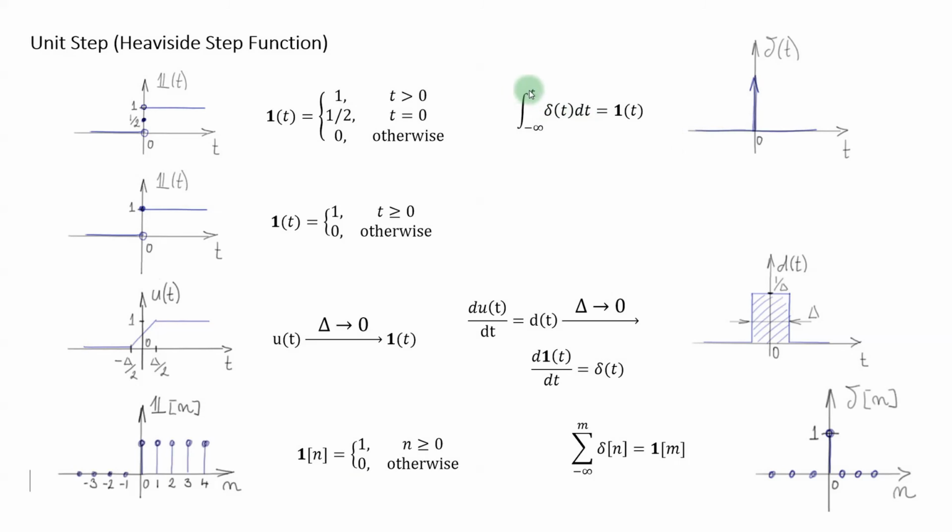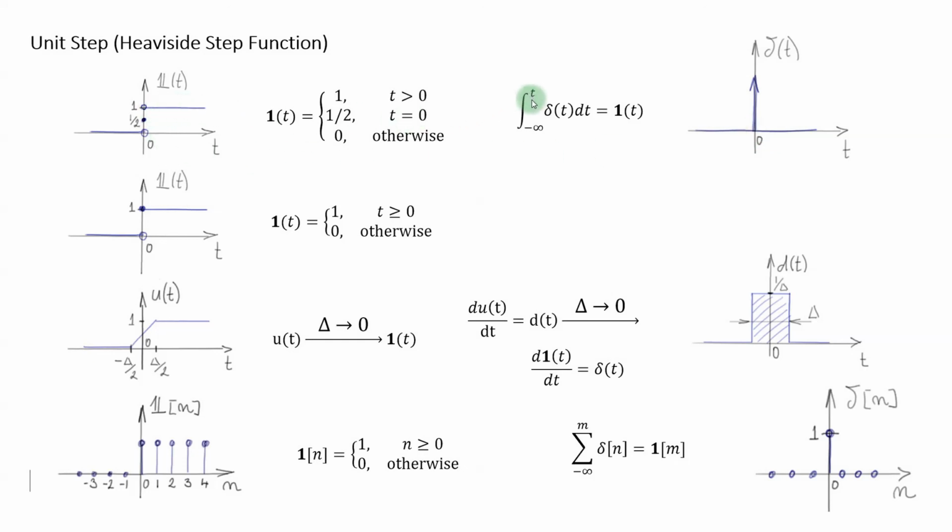So for negative time, you will get zeros. When this time is positive, then you will integrate from minus infinity to some positive time, which will include this Dirac delta pulse, and that integral will be 1. For positive time, you will get 1.